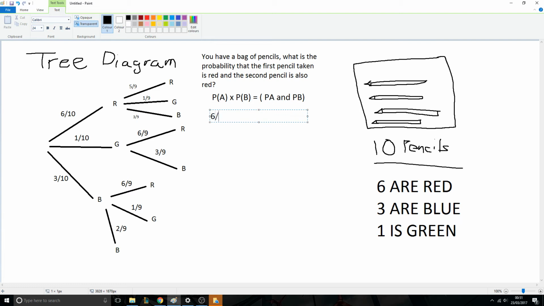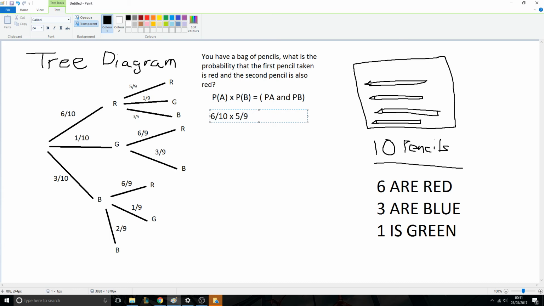So 6 out of 10 multiplied by our second event, which is taking the second pencil out being also red. So here we just follow the branch here. So first event we need a red, second event we need to take another red, and that is a 5 out of 9 chance that we will do that.